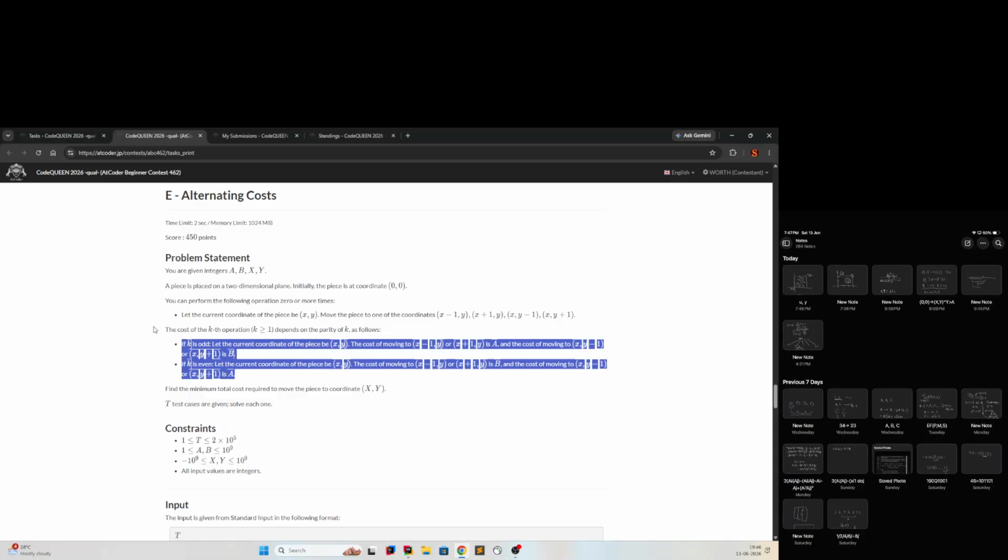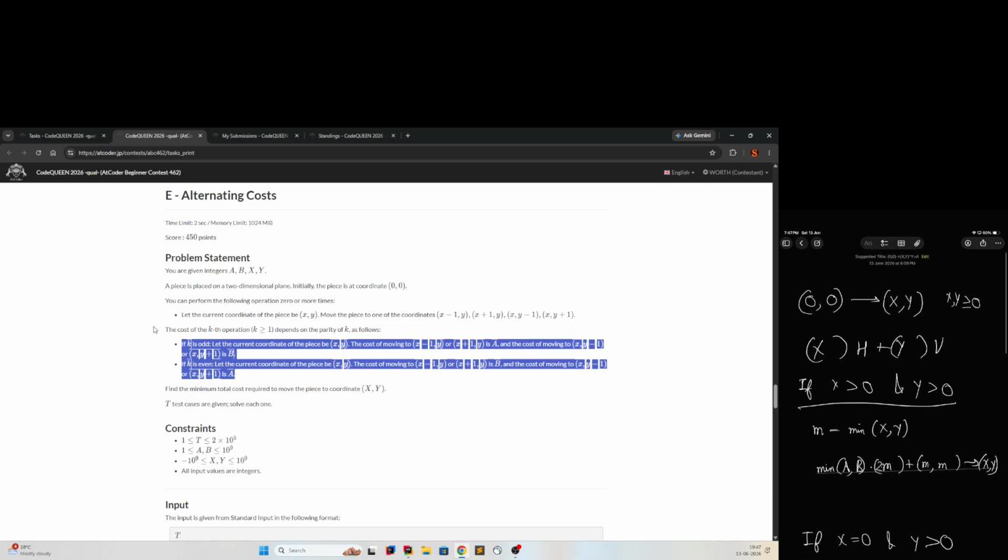So let me open it. So let's say we have to go from 0, 0 to x, y. Right. So we have to make x horizontal movements plus y vertical movements. So for now, consider that both x and y are positive. So we have to move both.